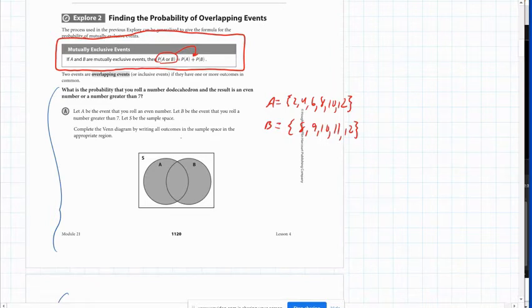And so in the Venn diagram, we would have 2, 4, 6, 8, 10, 12, 9, and 11. And so we do see that there's overlap. These three numbers, 8, 10, and 12, are in both sets A and B.